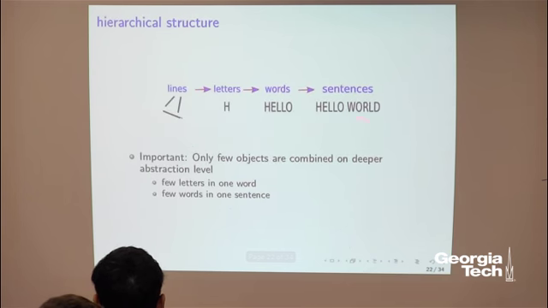So here's, okay, so it's just a sort of heuristic. What you can see is that many of these applications where deep networks are successful have in themselves a sort of hierarchical structure.